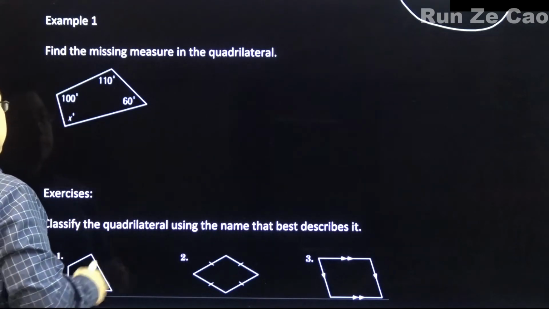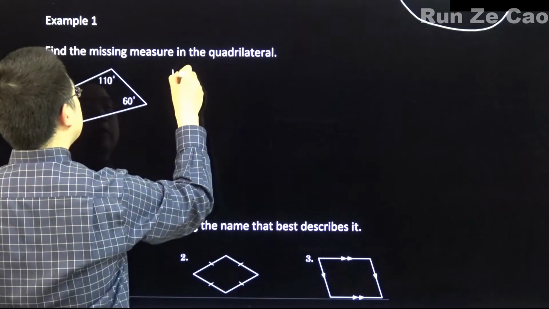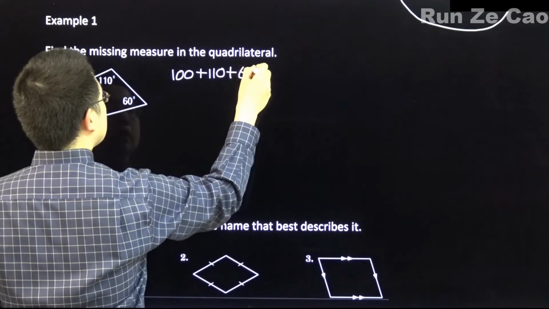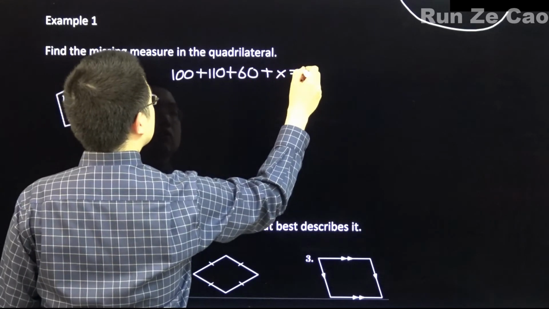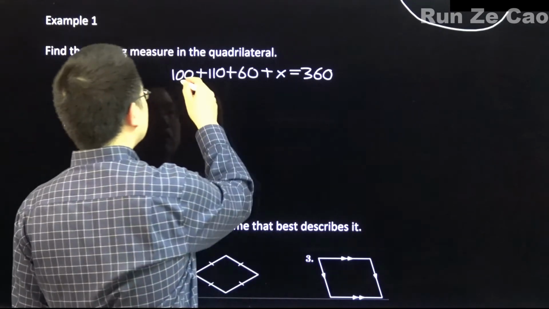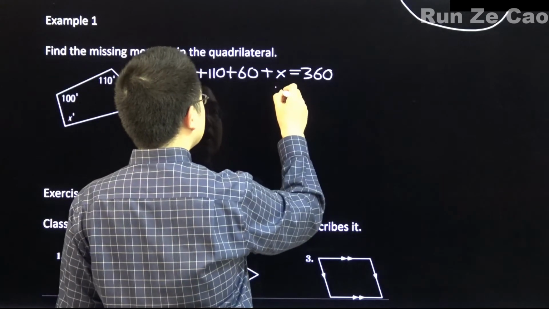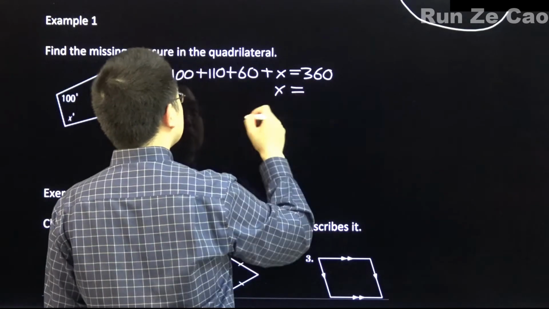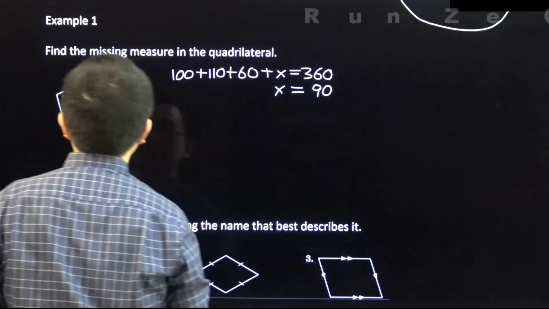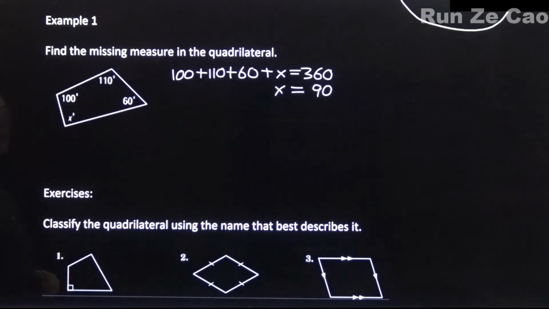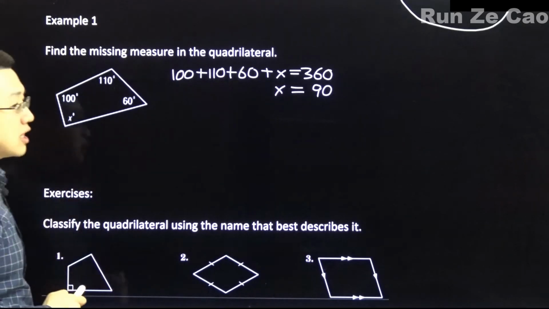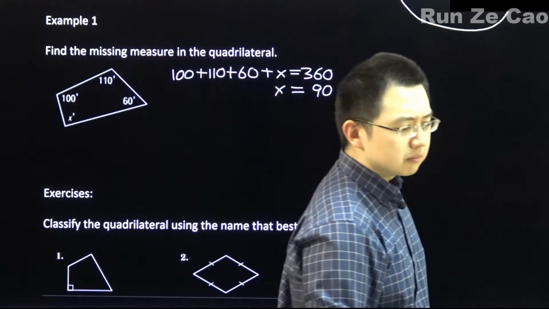That means 100 plus 110 plus 60 plus x is equal to 360 degrees. So, if we subtract 160 to get 200, then we get 200 minus 110, which gives you 90 degrees. Yeah, so this angle x is 90 degrees. But it's marked as x degrees, so it's just x equals 90.